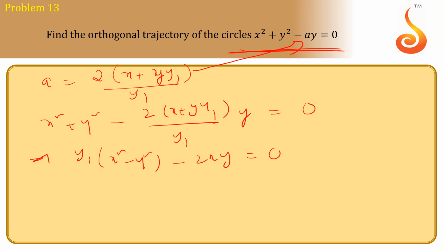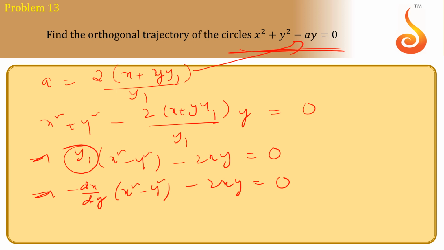So y1 cross multiplied and I will get 0. Then what do I have to do? To get the orthogonal trajectory, y1 is nothing but dy by dx. So you have to replace dy by dx with minus dx by dy. So minus dx by dy into x square minus y square minus 2xy equal to 0.